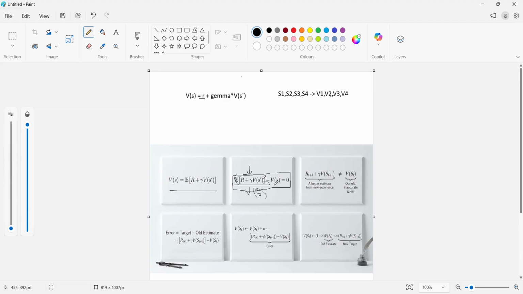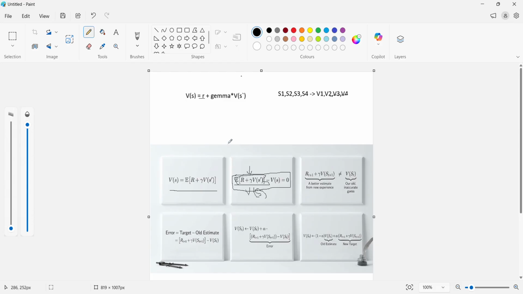If the new estimate of our v of s minus our old estimate of v of s is equal to 0, what does that mean? What does that indicate? It means that we have found the actual value of v of s. We have found the most optimal value of v of s.